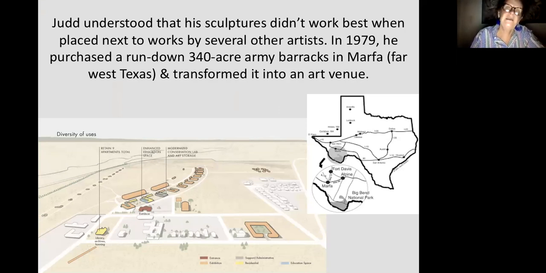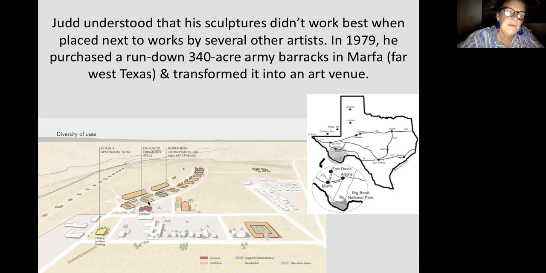And he was taken by the austere environment of West Texas. In 1979, he purchased an old army barracks in Marfa, West Texas. So there's Marfa for you, right by this famous bend in the Rio Grande River. It's actually really beautiful.